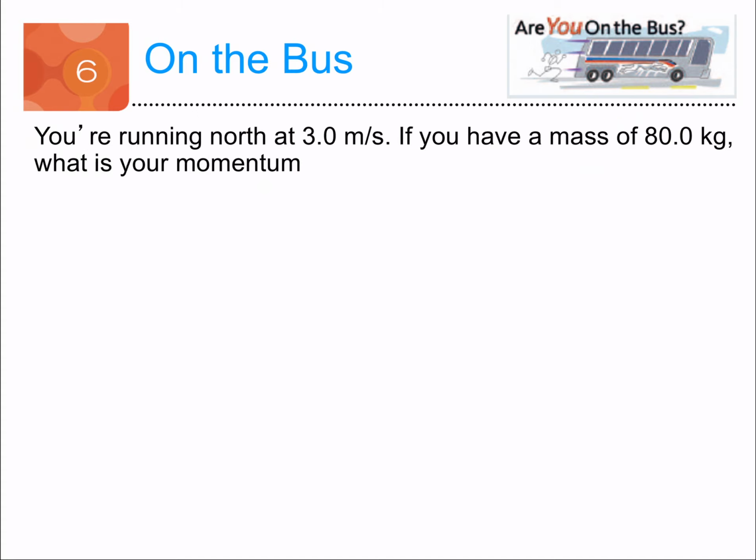Now let's look at a problem. Remember, we want to start our problems with our list. So you're running north at 3 meters per second. So your velocity is 3 meters per second. You have a mass of 80 kilograms, and you're asked to find your momentum. We know that our momentum is mass times velocity.